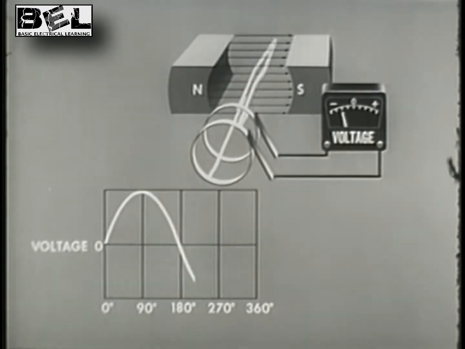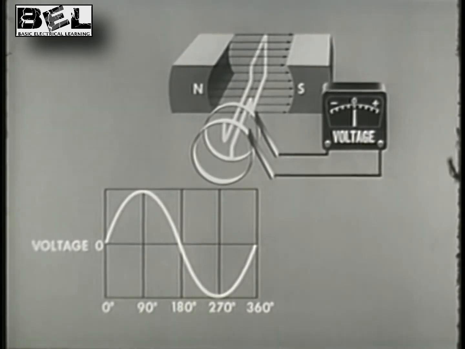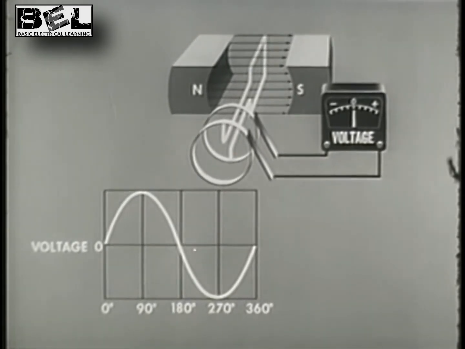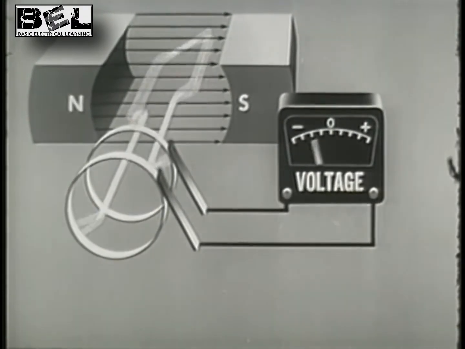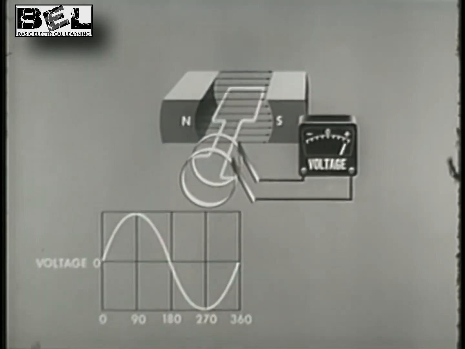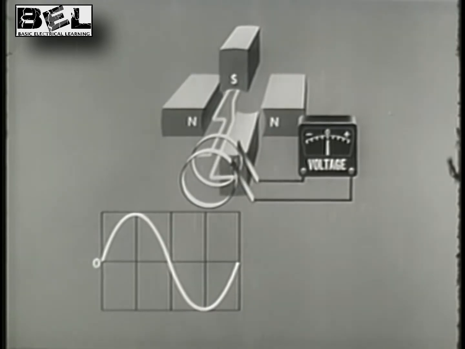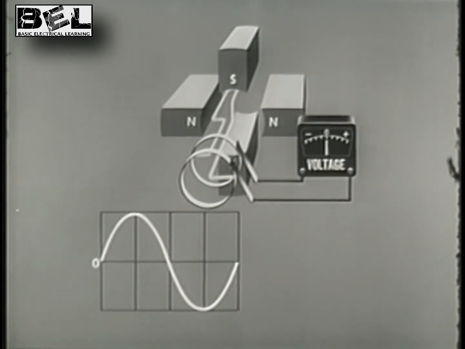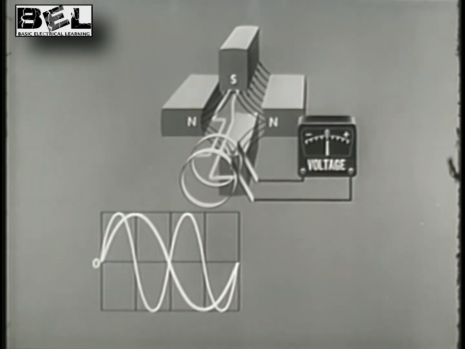Now to summarize, all rotating generators produce AC internally. The AC character of the output is maintained in the AC generator by the use of slip rings as load connectors. The frequency of the AC generator can be changed by introducing additional magnetic fields.